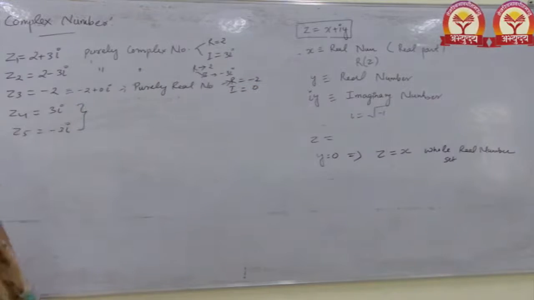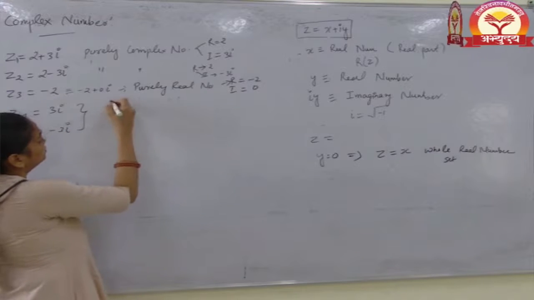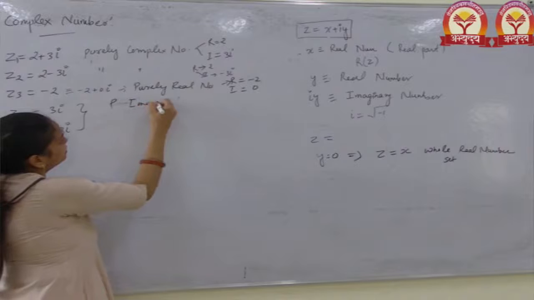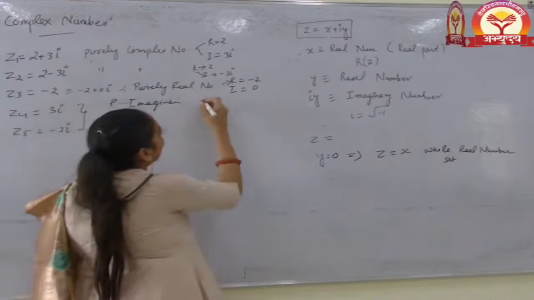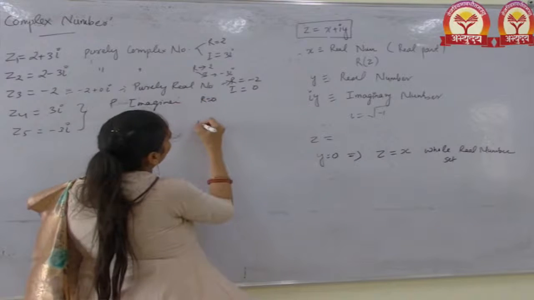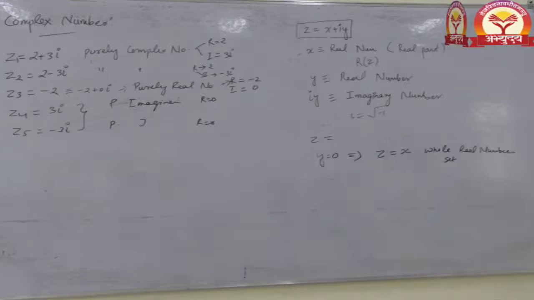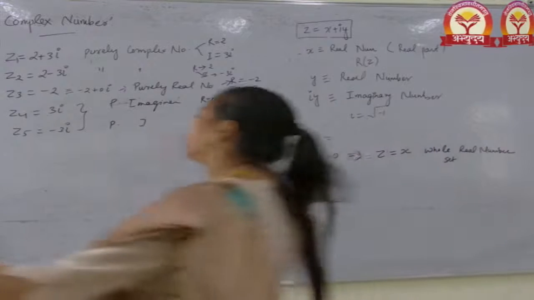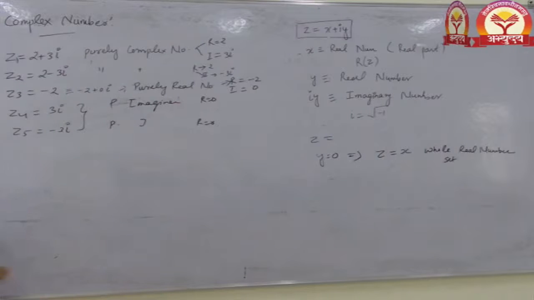So the other terms mean just purely imaginary, and again purely imaginary. Real part here is 0, real part is 0, imaginary is 3.